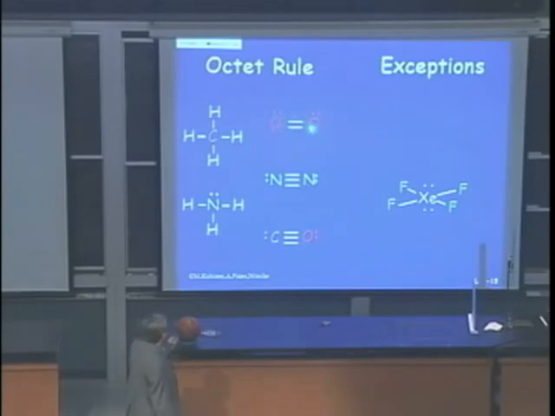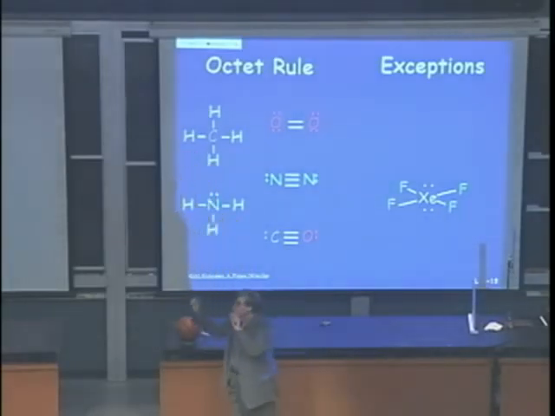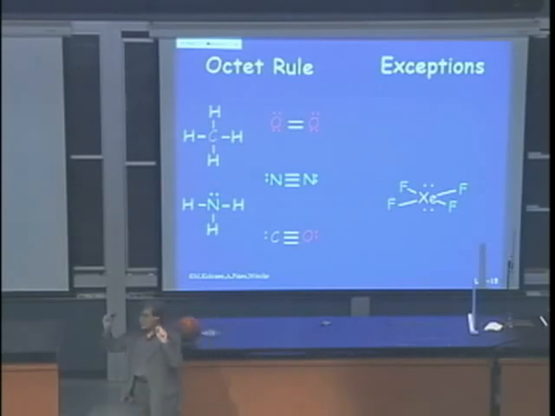I have 2, 4, 6, 8 for this oxygen, 2, 4, 6, 8 for this oxygen. Octet rule fulfilled. And with this, I see oxygen has a double bond. Just by using that simple Lewis structure model, I can predict what kind of a bond there is. We will learn about this in more detail. It's a double bond.